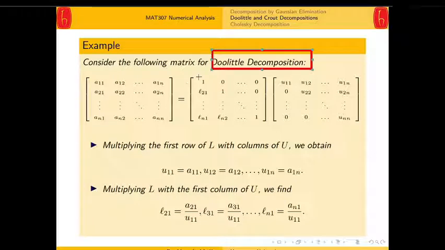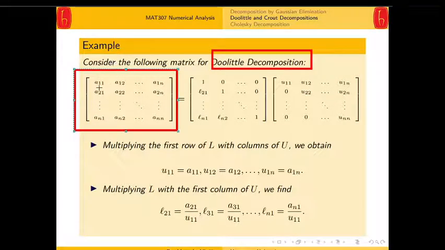So here we have ones. This will help us find all the other entries. We know all the entries of the matrix A, because we are decomposing the matrix A, so it must be given before we even start talking about LU decomposition.